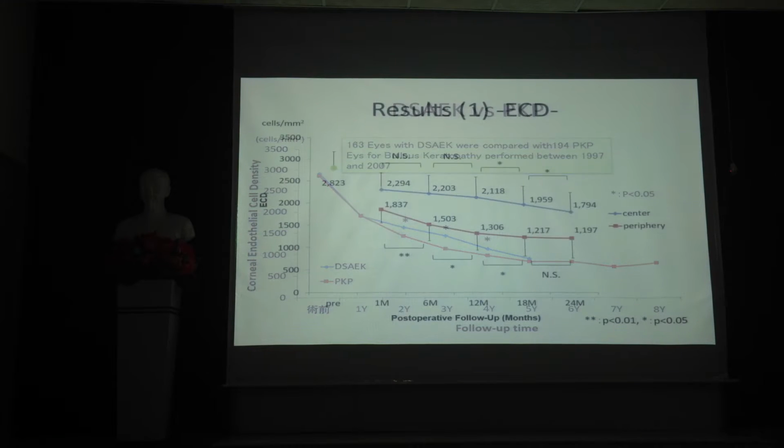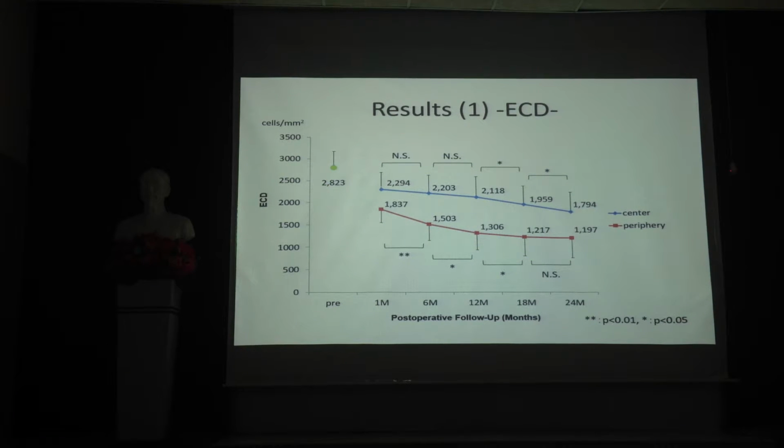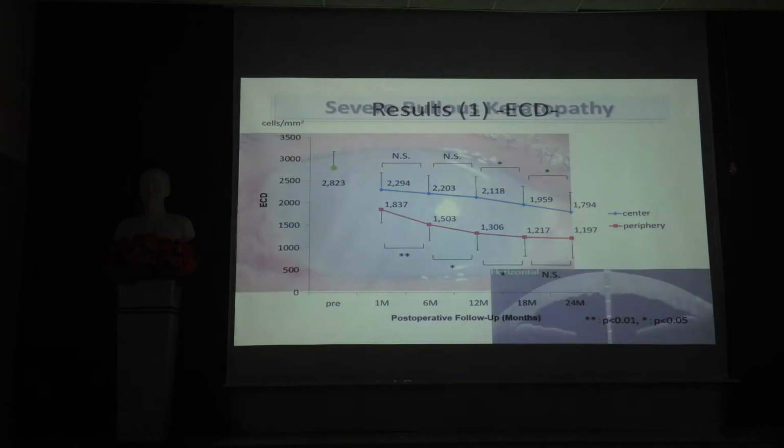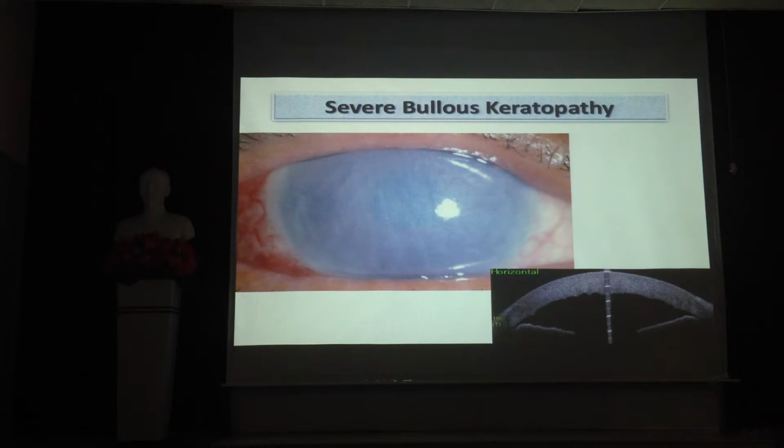We do not have much Fuchs endothelial corneal dystrophy for endothelial keratoplasty. Mainly cases are after cataract surgery, glaucoma surgery, or laser-induced bullous keratopathy or so. This is a kind of severe keratoplasty. Therefore, we still use DSAEK and only very restricted cases for the DMEK procedure.